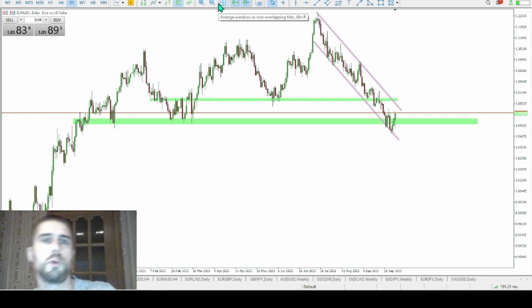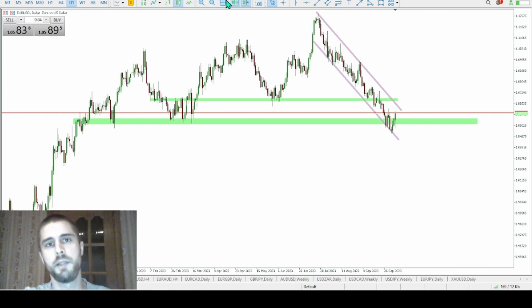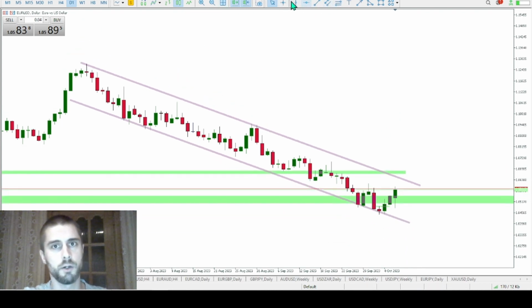So that is what is happening right now. Currently price is consolidating around the support area, so if it holds we can expect a move to the upside. If not, then we continue with the current bearish trend, so a push to the downside.